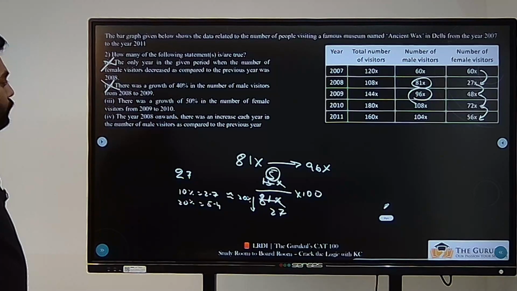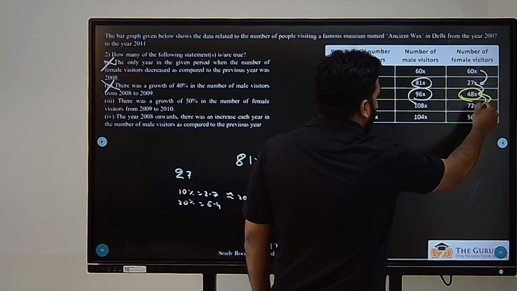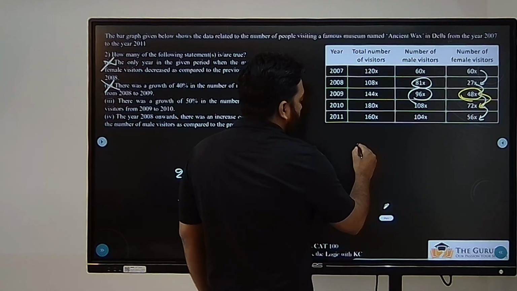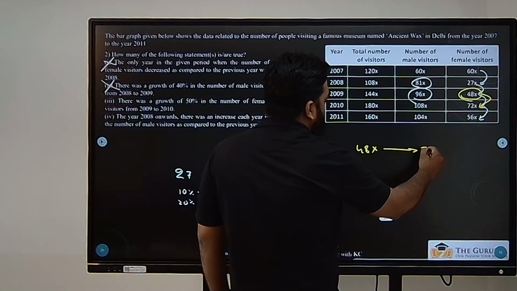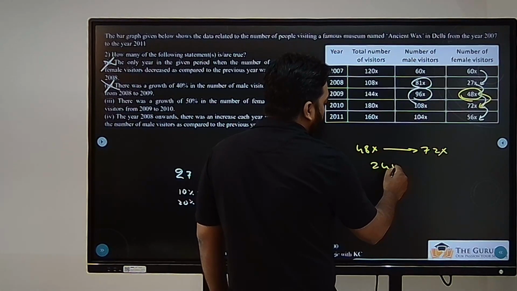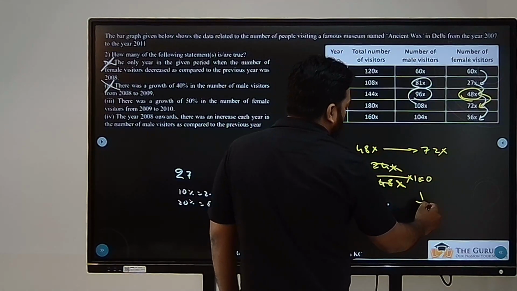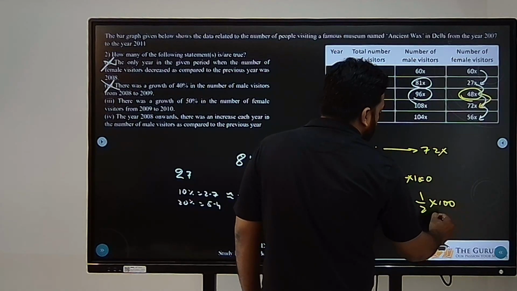There was a growth of 50% in the number of female visitors from 2009 to 10. 9 to 10, 48 to 72. So 48x to 72x. There is an increase of 24x on 48x. We want percentage multiplied with 100. This will be 1 by 2 into 100, which is 50%.